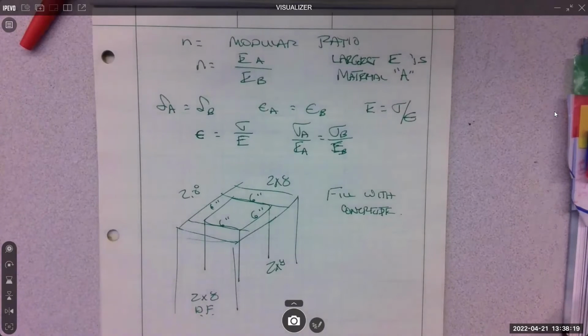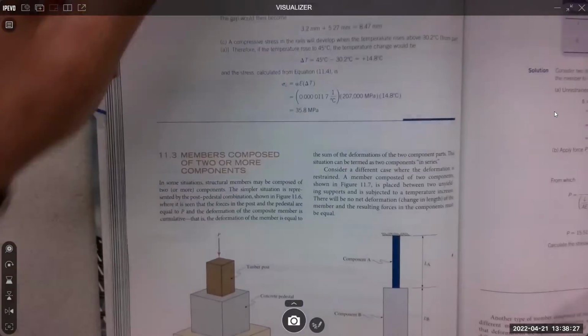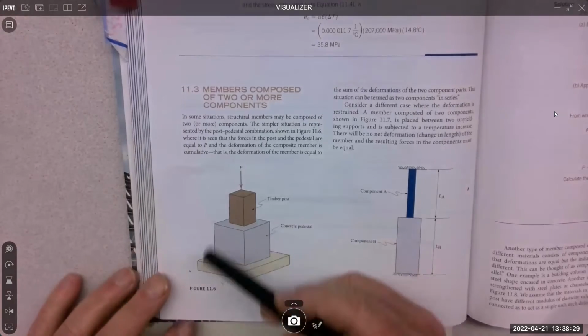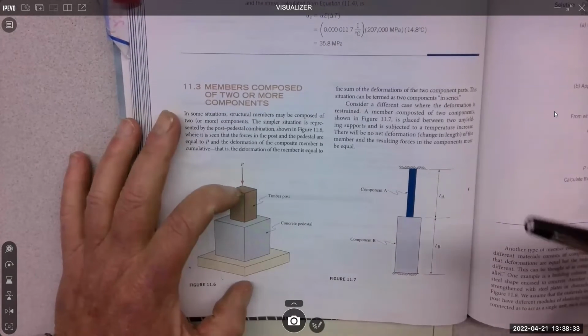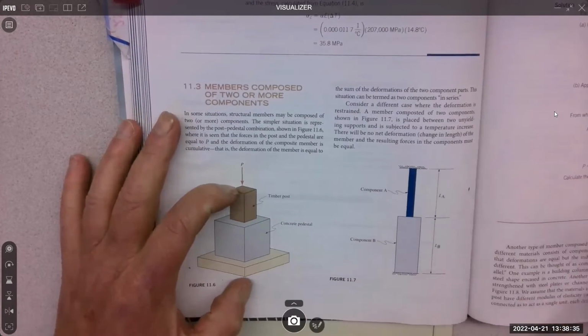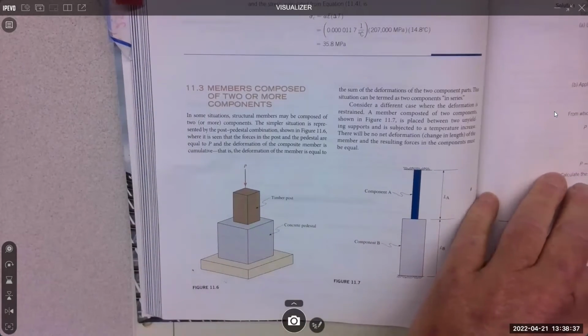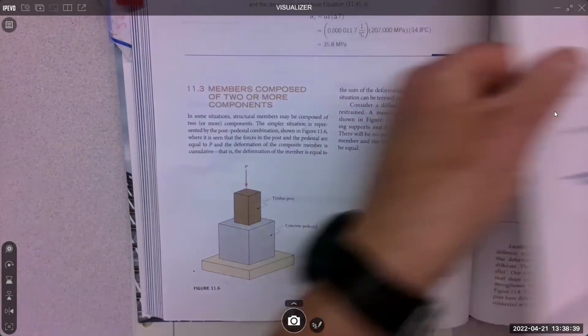Multiple materials is not the first one, like they show you a diagram, which is not what it is. I don't know why they have this in multiple materials, because this is not what we're talking about. What we're talking about is two materials that act together. Like this.